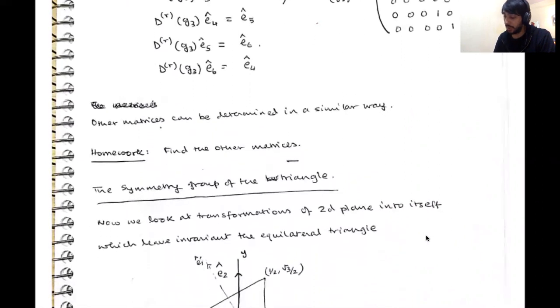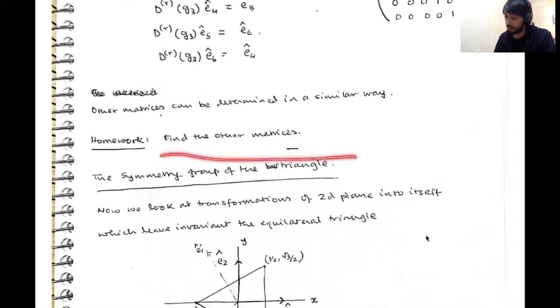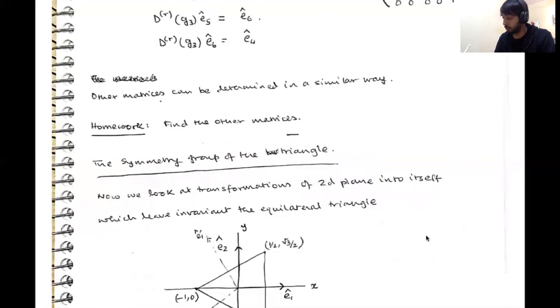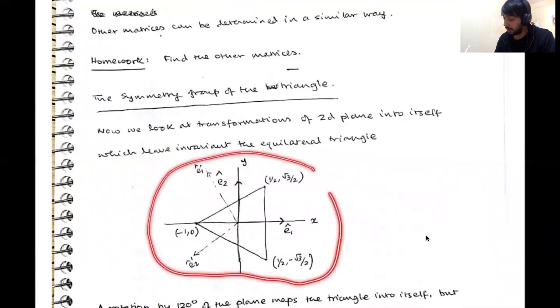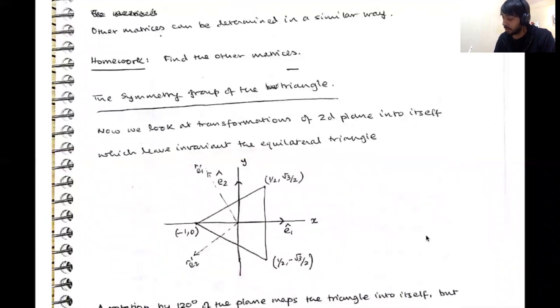So let's look at the symmetry group of a triangle. Okay. We are going to look at transformations of the 2D plane into itself, which leave invariant this particular equilateral triangle. So as you can see, you can rotate this equilateral triangle by an angle of 120 degrees, and things are going to stay the same, right?